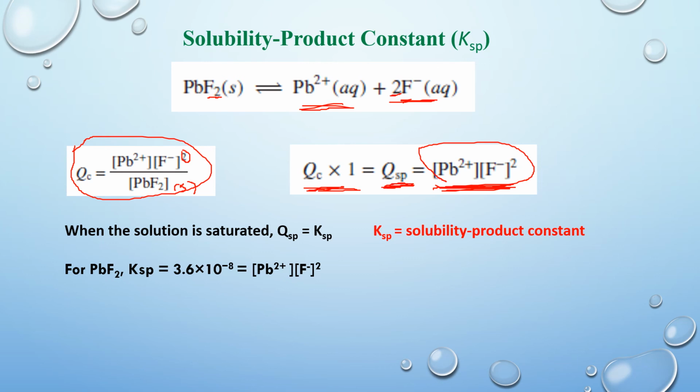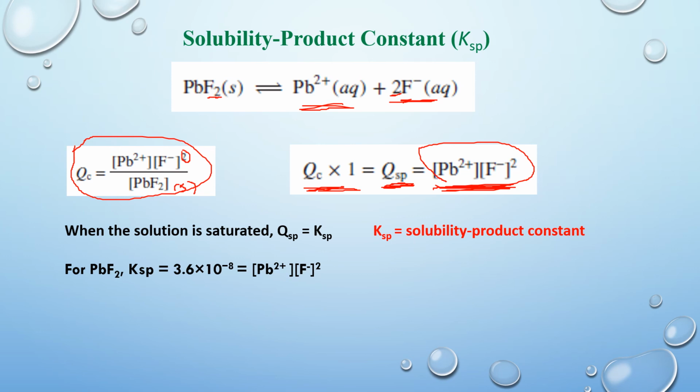This Q_sp could be greater, smaller, or equal to K_sp. So K_sp is the equilibrium constant for this solubility product process. Right? So when this Q_sp is equal to K_sp, we say this dissolution of this ionic compound is at equilibrium, and that also means the solution has reached saturation.